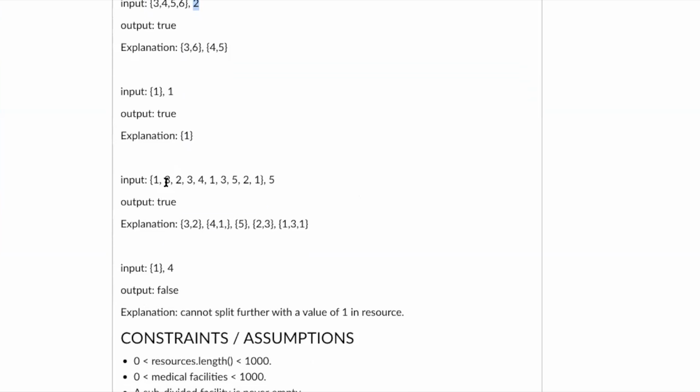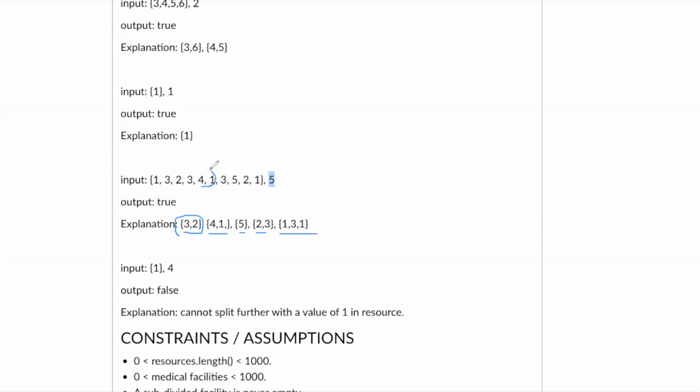Let's say you have these resources in the collection. Can you distribute this to 5 different facilities? The answer is yes, because what we're looking at is 3 and 2, which is 5; 4 and 1, which is 5; 5 is 5; 2 and 3 is 5; 1, 3, 1 is 5. They're basically coming off of this, and there is no insertion of resources and recounting them.